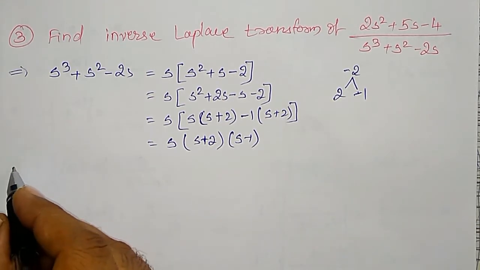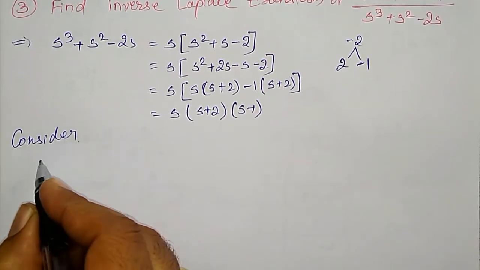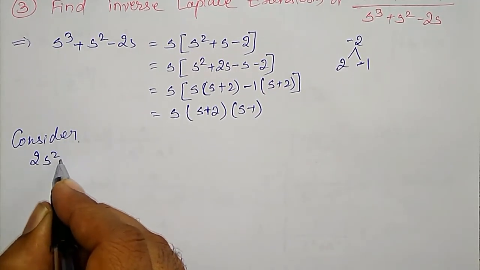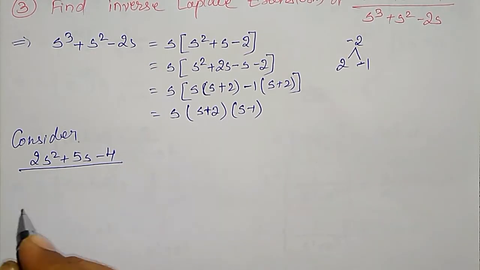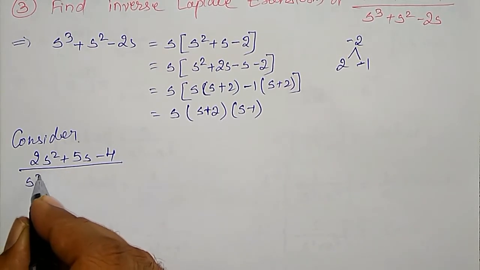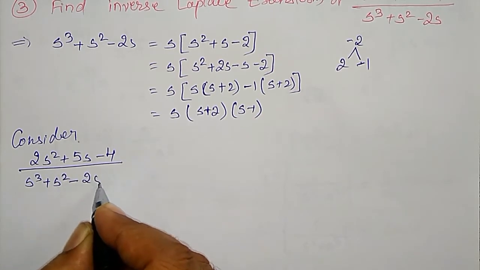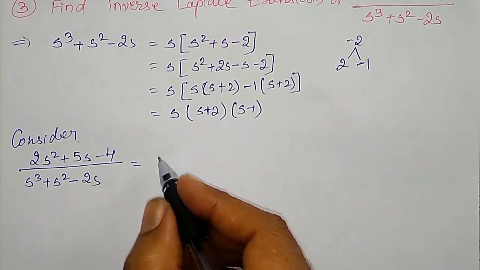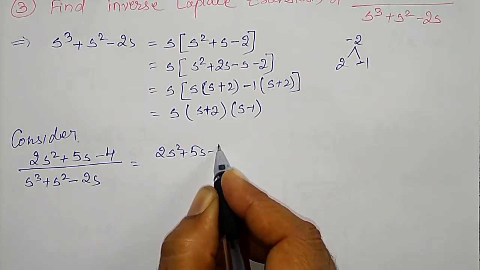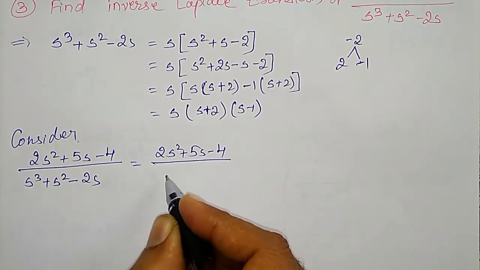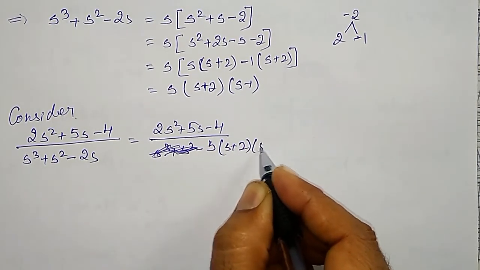Now consider 2s square plus 5s minus 4 divided by s cube plus s square minus 2s. I can write it as 2s square plus 5s minus 4 divided by s into s plus 2 into s minus 1.